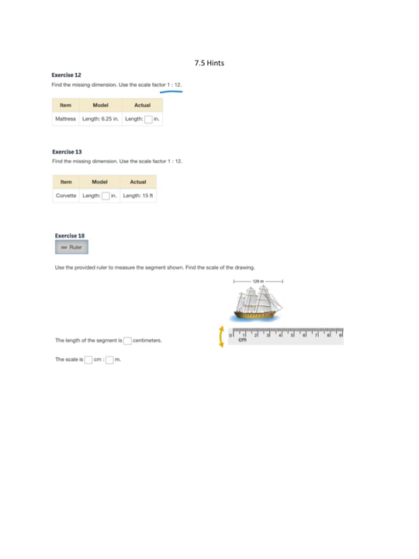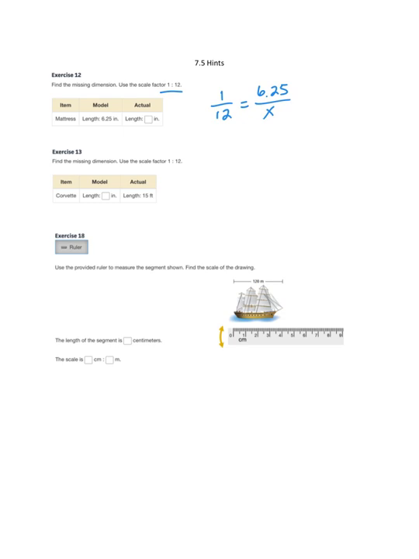If the scale factor is 1 to 12, we're going to write a ratio where the model is on top and the actual is on the bottom, because if the model is 1, the actual is 12 times that size. Now we're going to solve this proportion.